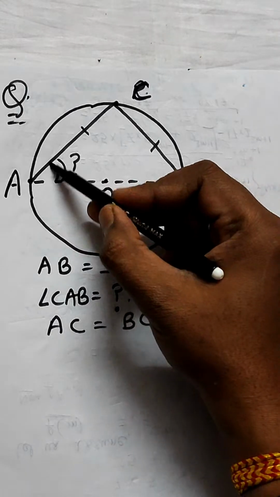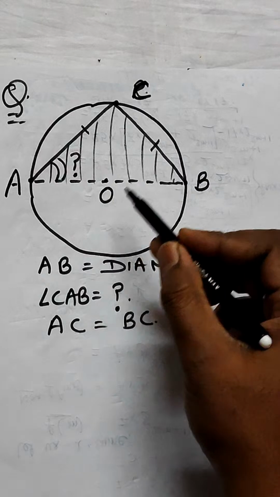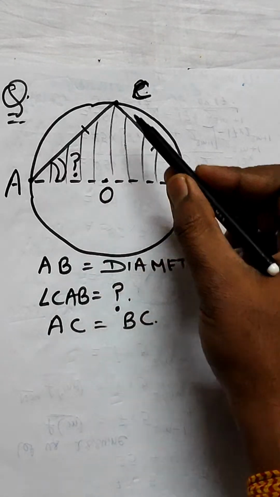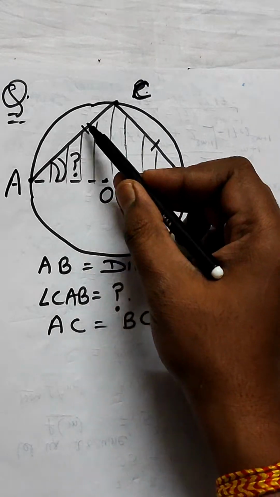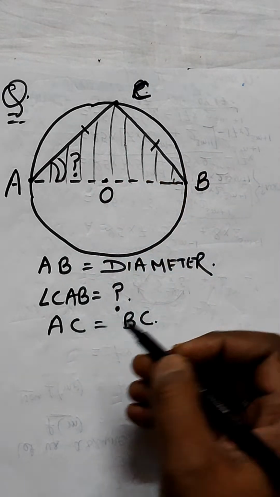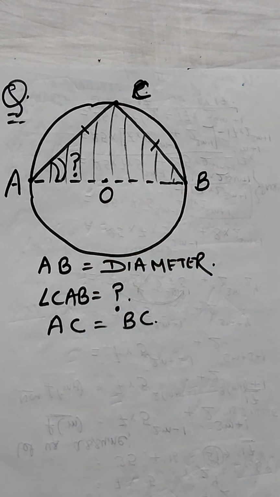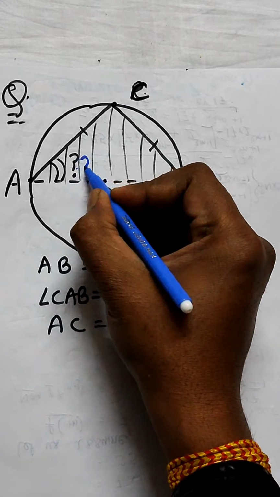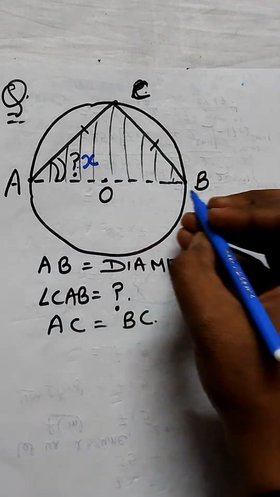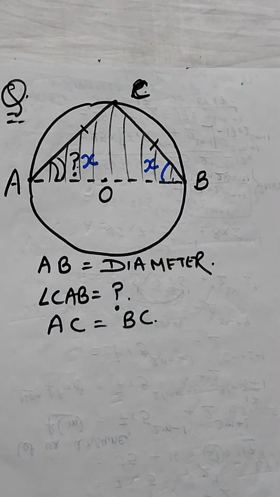So if this triangle is lying inside a circle and AC is equal to BC, then angles opposite to these equal sides are also equal. Since AC equals BC, if this is angle x, which is what we have to calculate, then this angle will also be equal to x, isn't it?